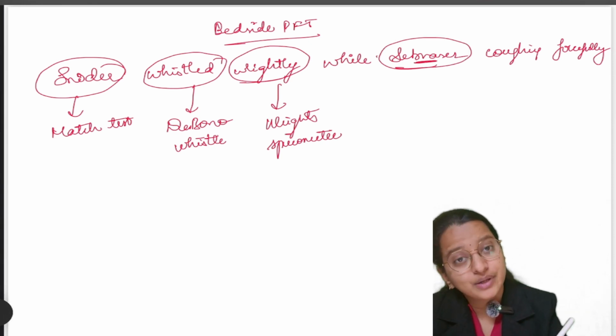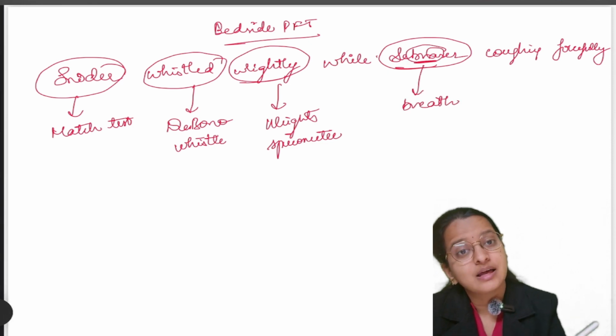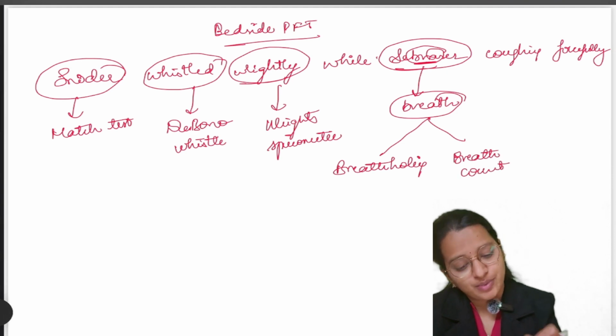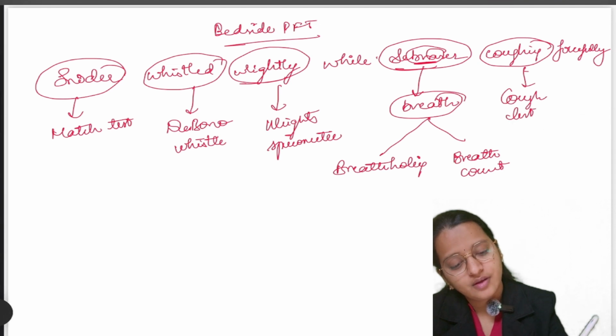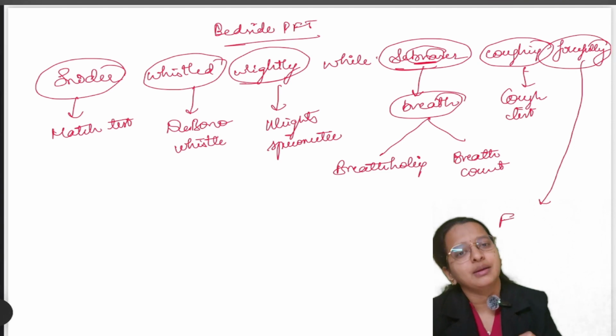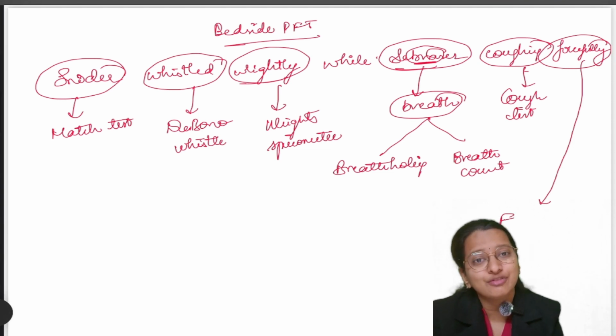In this you have to remember breath: Sabres, say breath. So, breath holding and breath count. We'll measure these two, breath holding time and breath count. Next, coughing: cough test. Forcefully: forced expiratory time. These are the names of the tests.